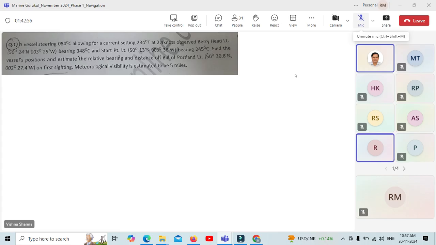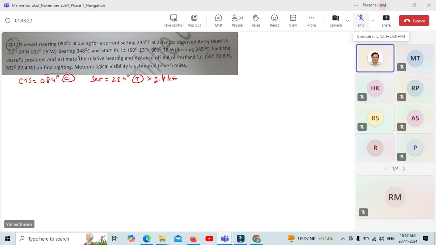Now, these questions, the language, they are simple questions just given to confuse you, nothing else. What will you do, guys, in this case? CTS is given: 084 degrees compass, right? And the current is setting 234 degrees true at 2.4 knots.